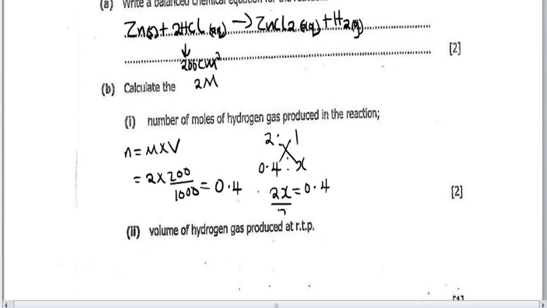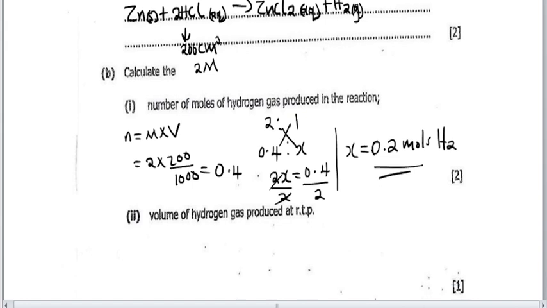Then we divide by 2, so x is equal to 0.4 divided by 2, and we get 0.2 moles of hydrogen. So that was basically it.